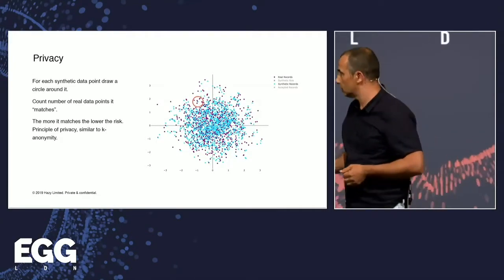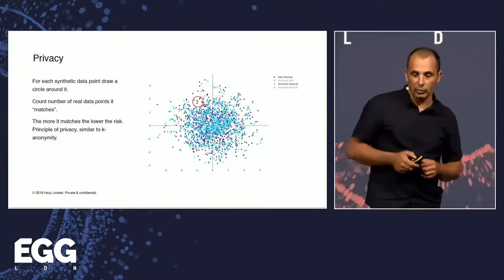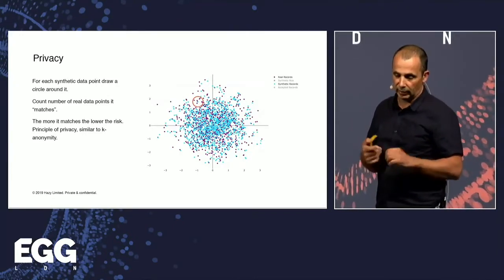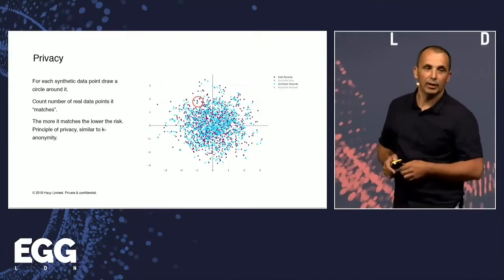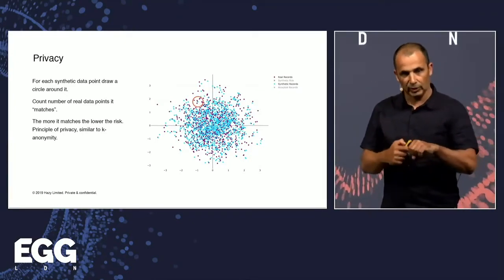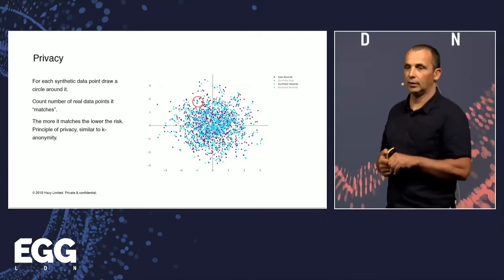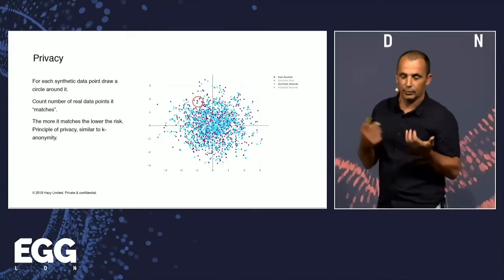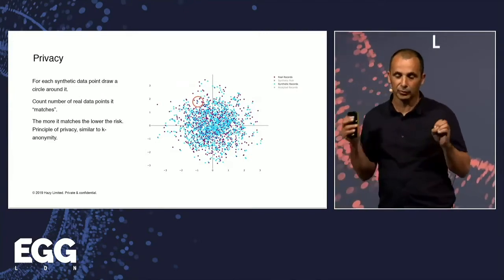One way to evaluate how private our synthetic data is, is to make a simple circle around a point on the synthetic data and count how many real points we get inside this circle. If the number of matches is low, there is a risk, because if you have too few points, then it may be identifiable.